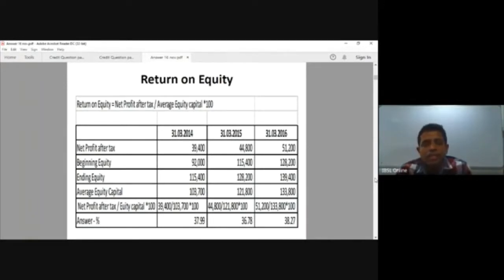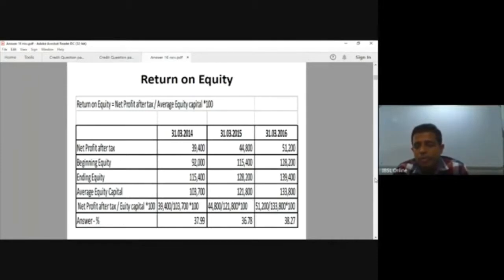Here, why did we take the average equity capital? Because one item is from the income statement, that is net profit after tax. Then the second item is from the balance sheet, that is equity capital. Therefore, the one from the balance sheet needs to be an average one.